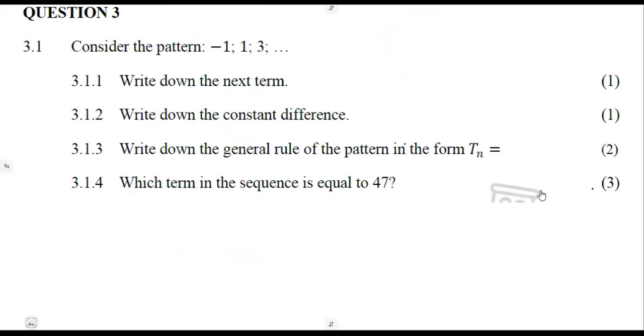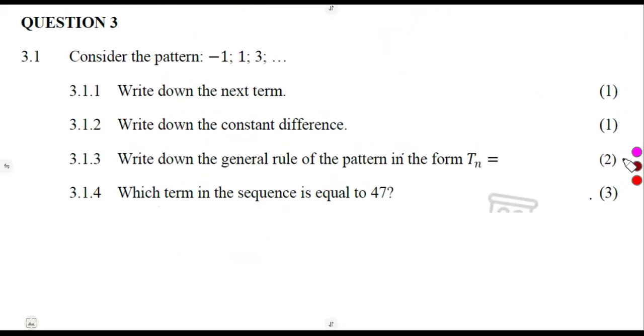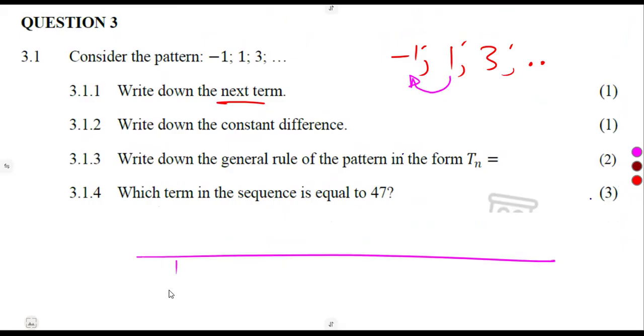Question number 3: consider this pattern: -1, 1, 3, and so on. Write down the next term. What is happening here? From -1 to 1, we can see that there is a difference of 2. Here -1, this is 0, this is 1, this is 2, this is 3.